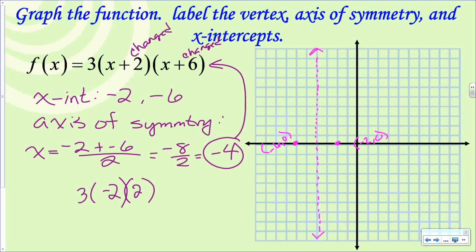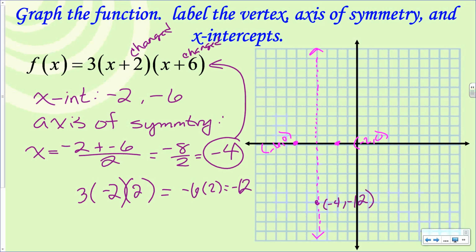Okay? So 3 times negative 2 times 2 is negative 12. So I'm going to go negative 4 down 12. 2, 4, 6, 8, 10, 12. I'm going to go by 2's down here. This is negative 4, negative 12.